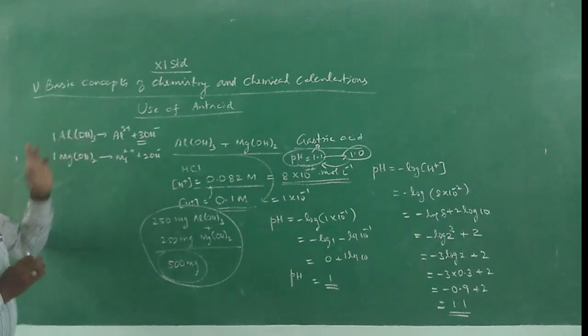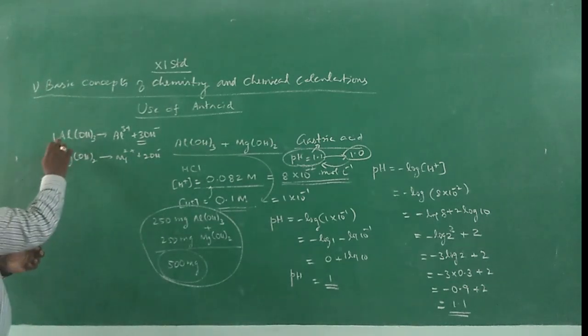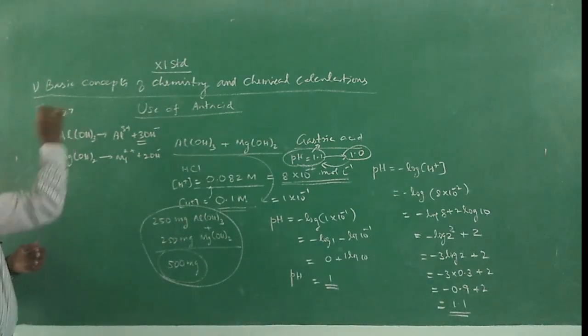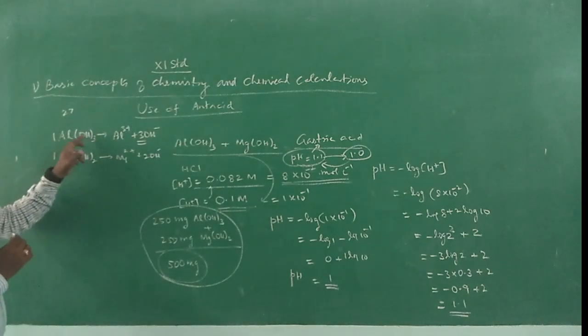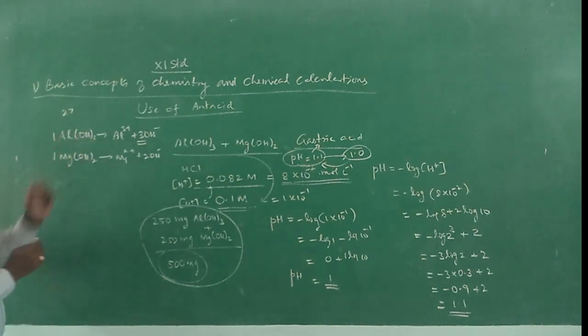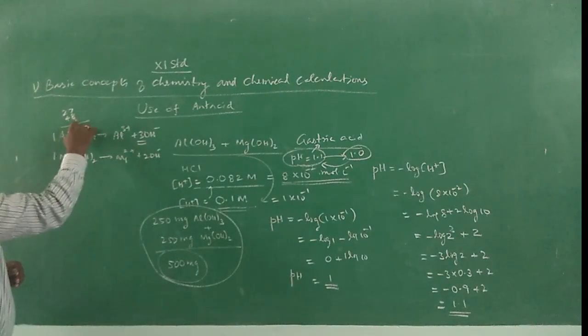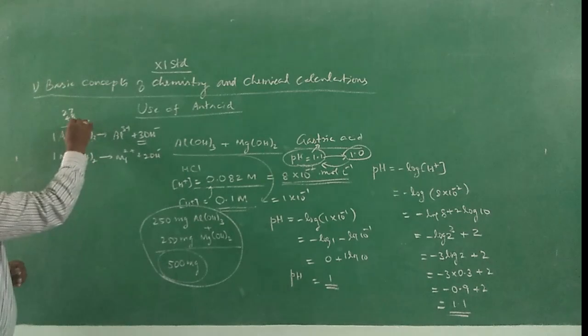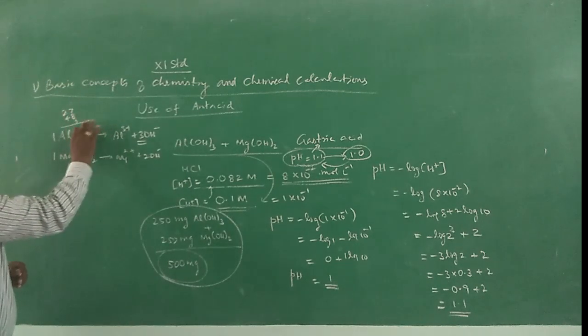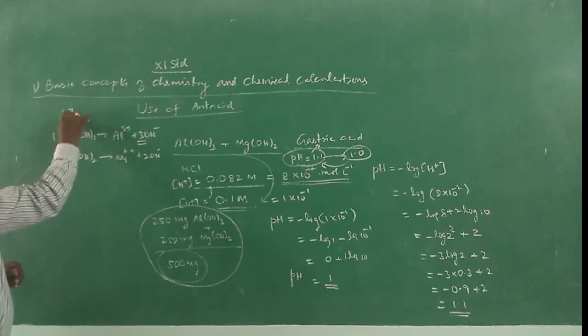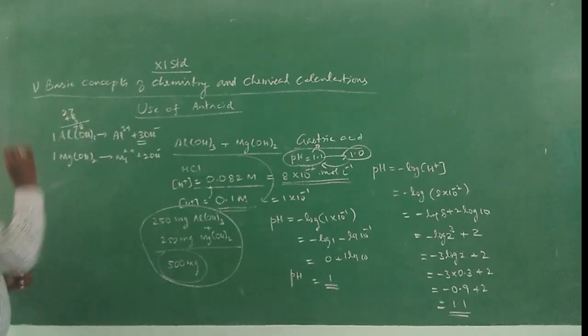Now, the molecular mass of aluminum hydroxide, what is it? Aluminum atomic mass 27 plus 3 into 16, 3 oxygen, 3 into 16, 48, 3 hydrogen, 3, total comes to 78.